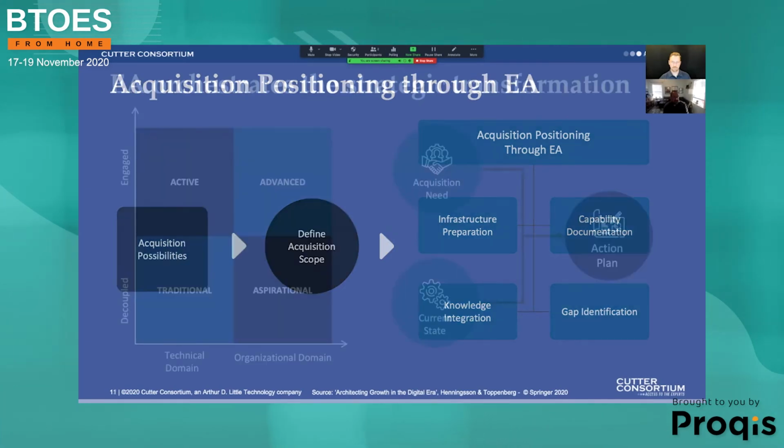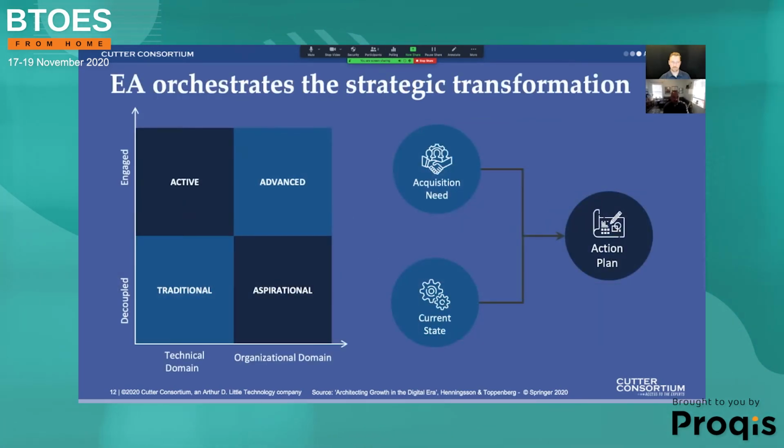Let's jump to the next one, and I'll share a little bit more about this idea of engaged and how EA orchestrates and can orchestrate this strategic transformation. As I mentioned, when we looked at different organizations, different EA groups within organizations, we found that there were sort of 4 different archetypes, and on the x-axis, it's split between, is the EA organization focused mostly in the technical domain, or does it also include the organizational domain?